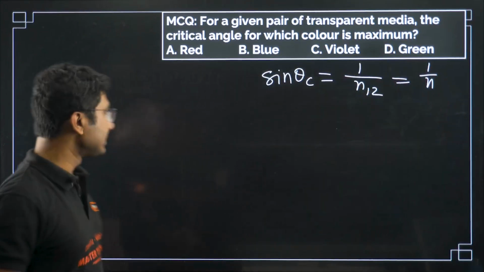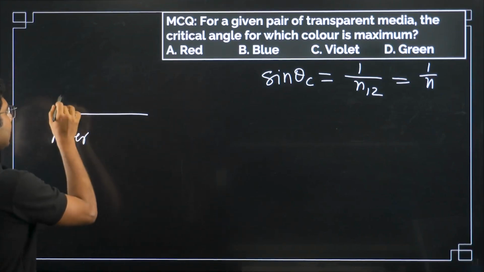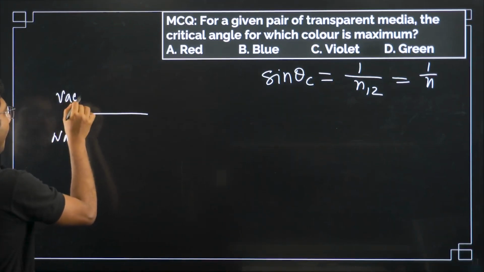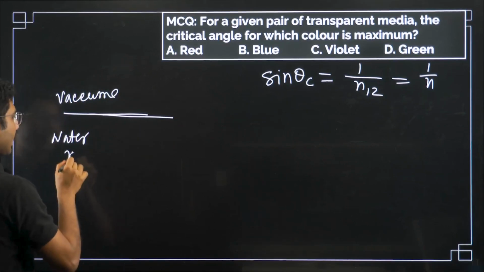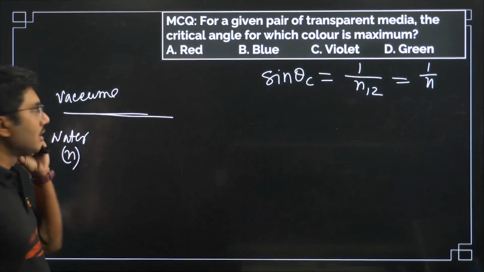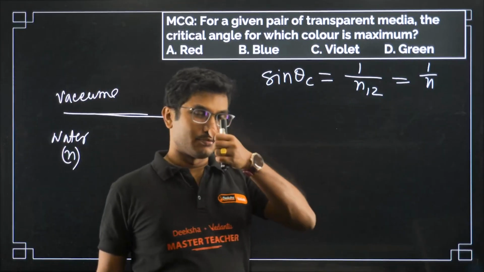Suppose this medium is water and this is vacuum, then the absolute refractive index of this medium is n. So whatever the case, you can use this formula.